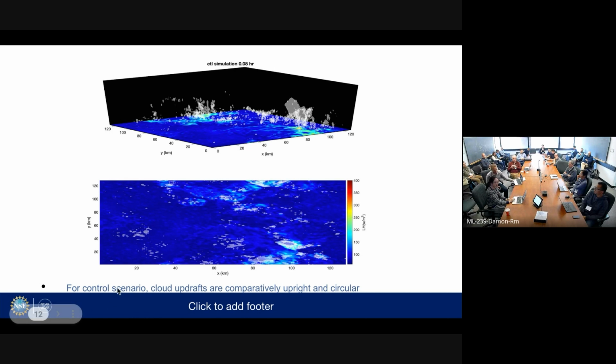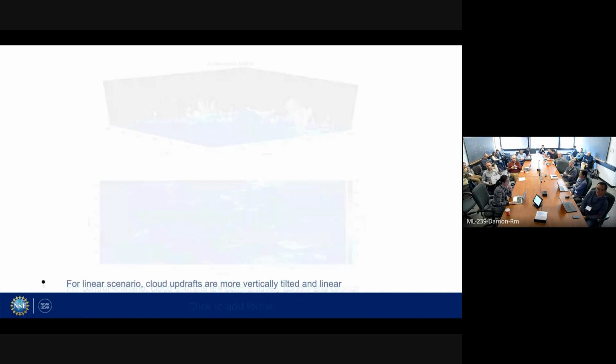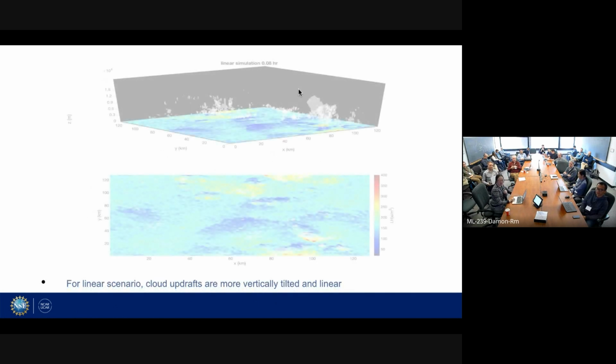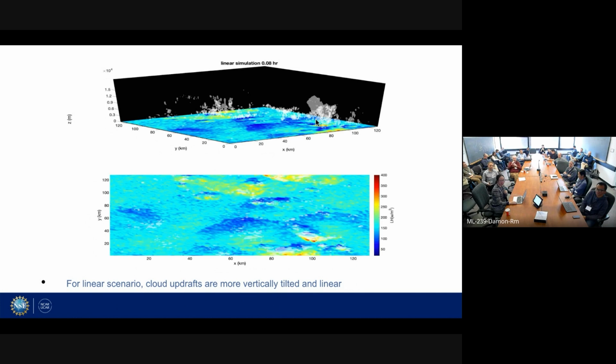Anyway, for the control simulation you are going to observe an upright cloud, which is circular. You can imagine that. And then if we look at the linear simulation, you can observe the clouds developing in a more linear and stretched way, which is also more tilted compared to the control simulation.